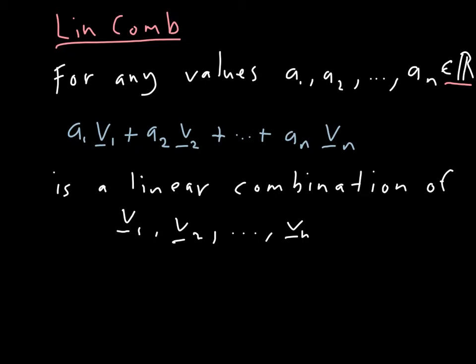A linear combination of our n vectors is simply a constant times our first vector plus a constant times our second vector, and we do all that all the way to our last vector, where we do a constant times our last vector. So that's the definition of what a linear combination is.